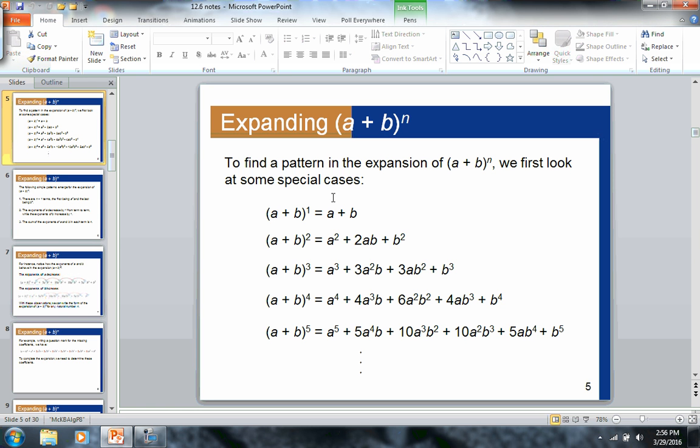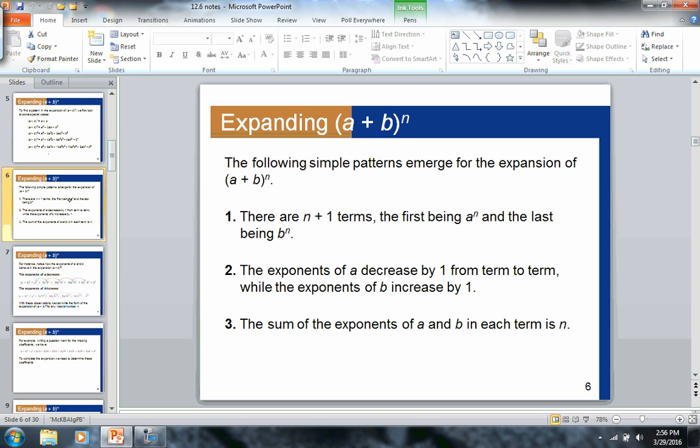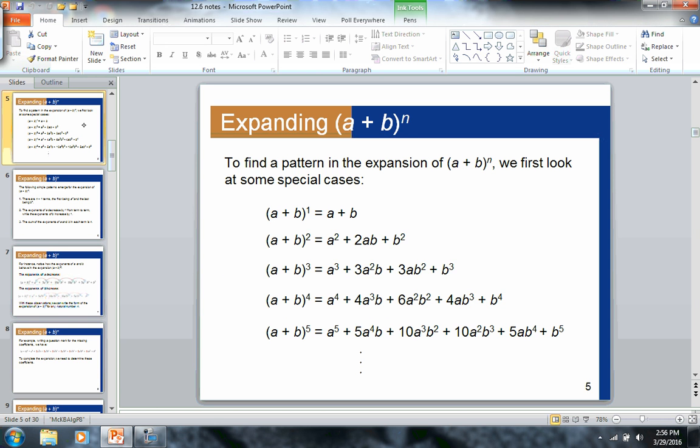So here, the sum of the exponents of a and b, I have to have a 2 as my n value. So my a term and my b term will add to that in any single term.